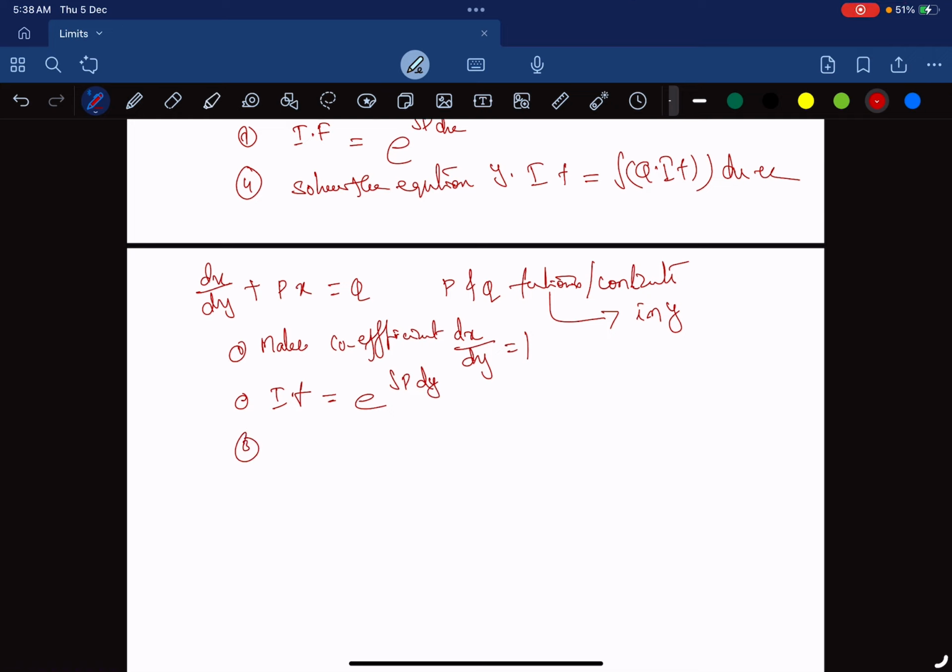Third, the solution of the equation is x into IF is equal to the integral of q into IF dy.